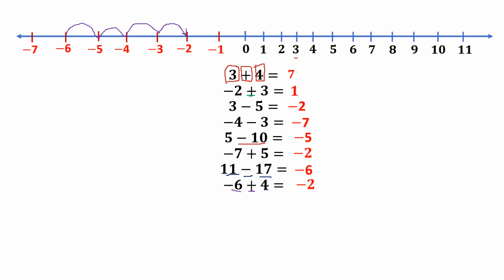So minus 6 plus 4 is equal to minus 2. Minus 1 minus 4, minus 1 is the starting point, then I am moving 4 units to the negative, so it's 1, 2, 3, then 4, and this takes me to minus 5. So minus 1 minus 4 is equal to minus 5.